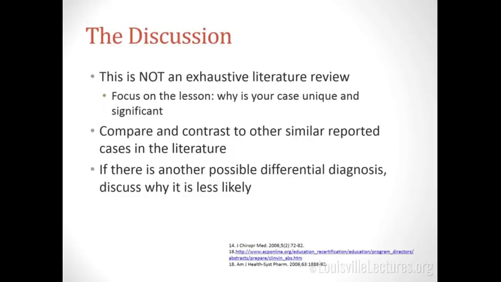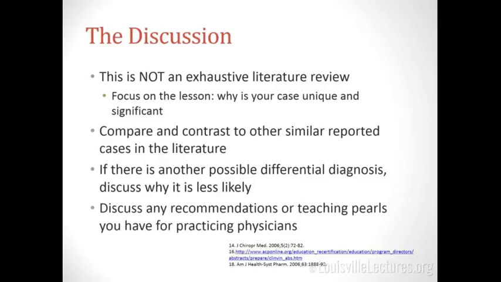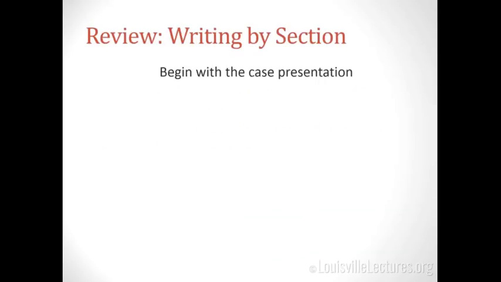So not only just, we think it's this, but here's why it's not these other things. That's an important thing in the literature. And I don't mean paragraphs of this, but just the mention of it in a compact way. And then finally, discuss any teaching points or pearls that you thought were important. That's going to be one of your conclusions in the discussion.